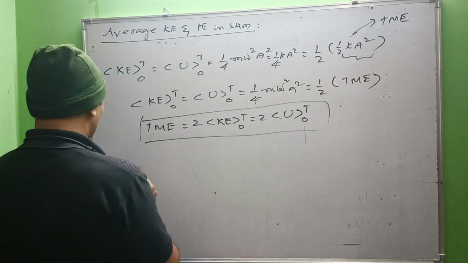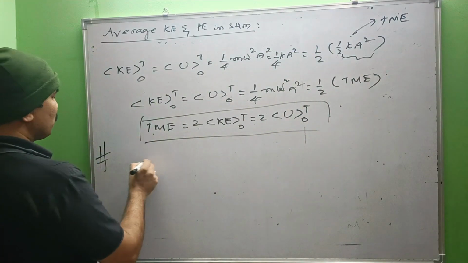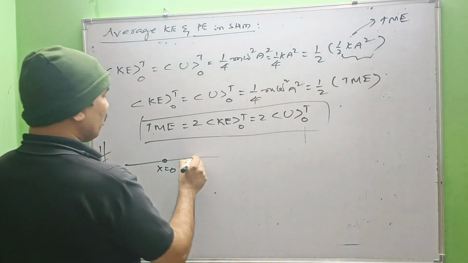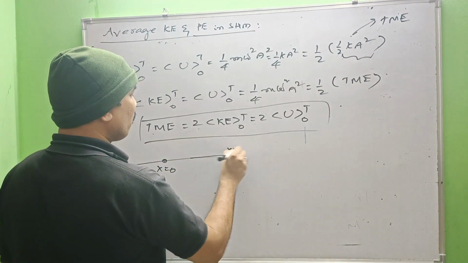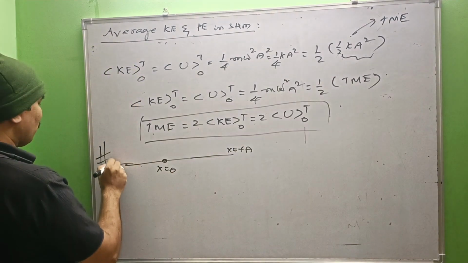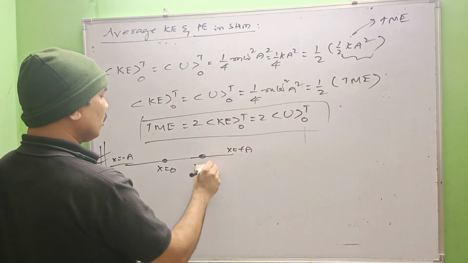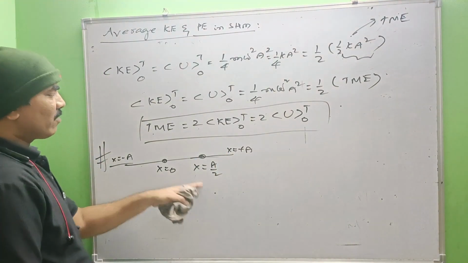See here, a numerical. Suppose the particle is going to oscillate like this about the mean position, with amplitude x equal to plus A here and x equal to minus A here. Suppose the particle is somewhere here, at x equal to A by 2.